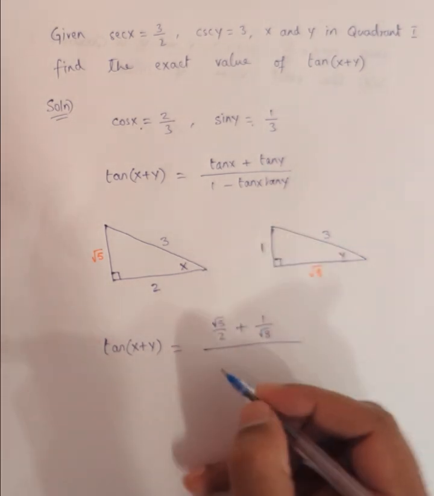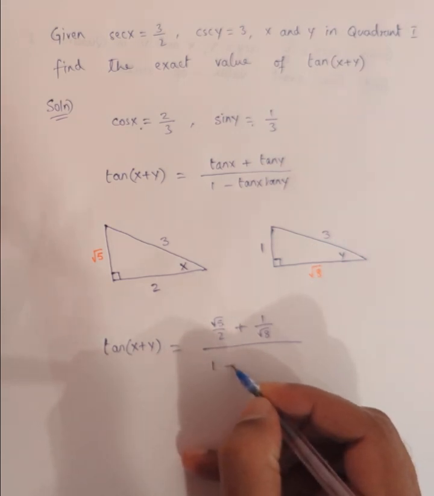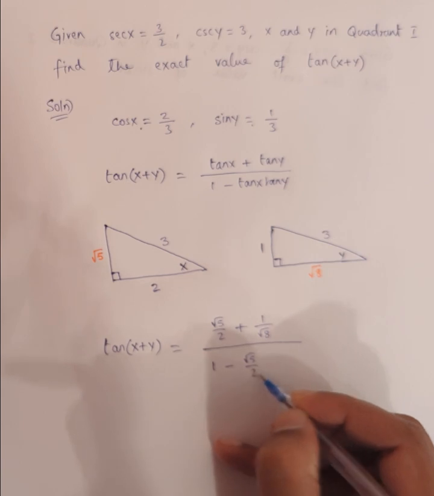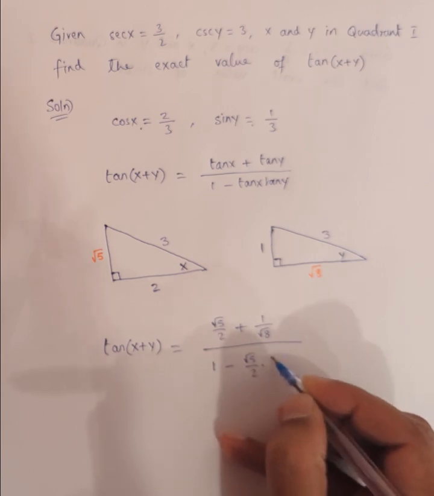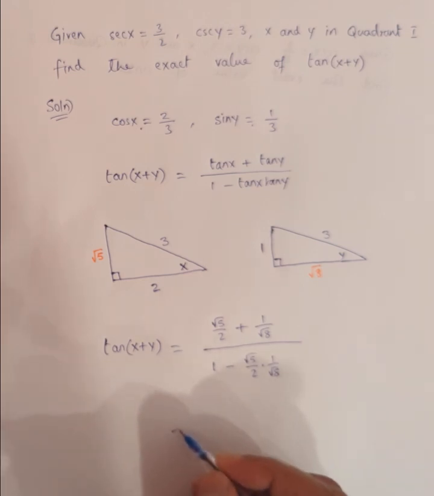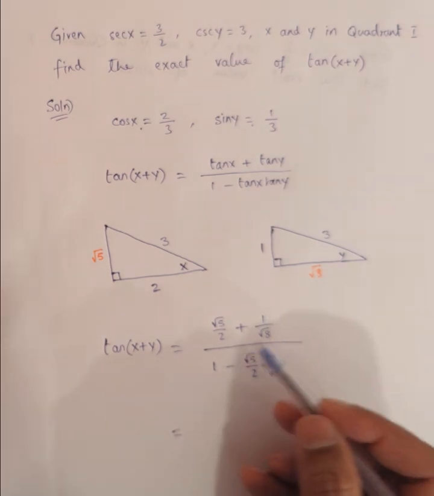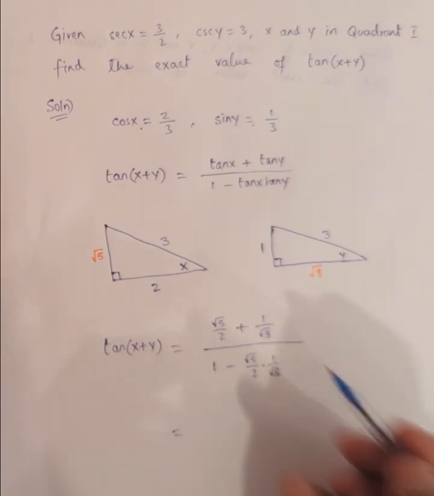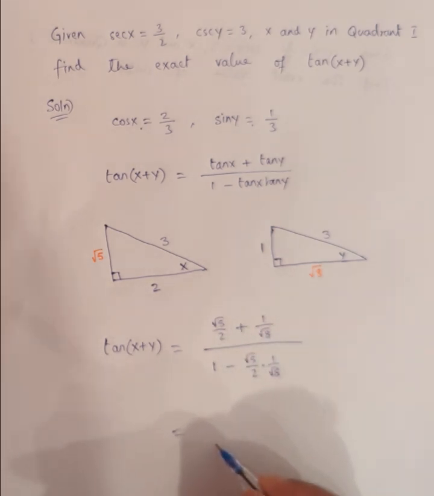And in the denominator, I'm going to write 1 minus square root 5 over 2 times 1 over square root 8. All right, so now we have a complex fraction where the numerator is adding these two fractions. So let me go ahead and draw a big line.